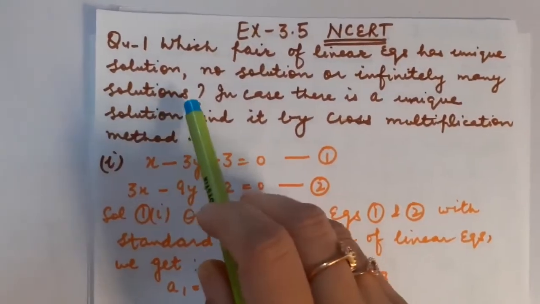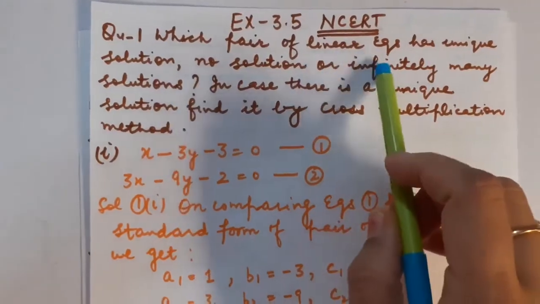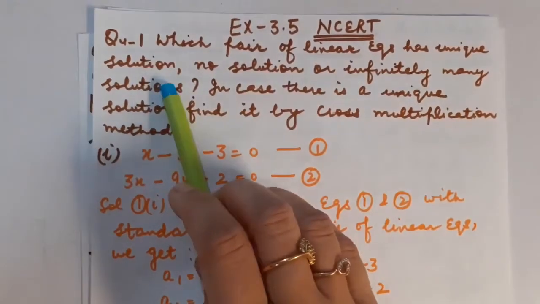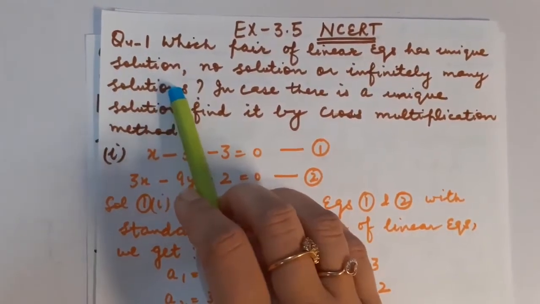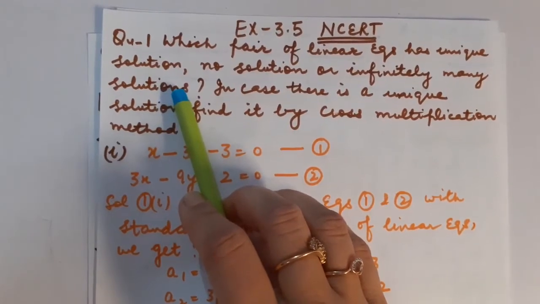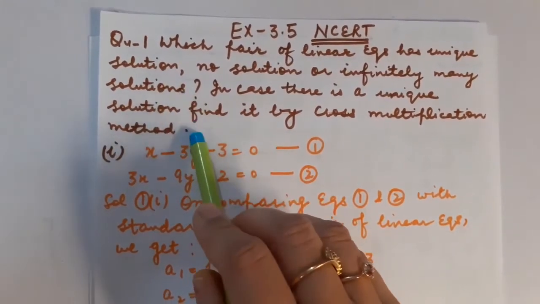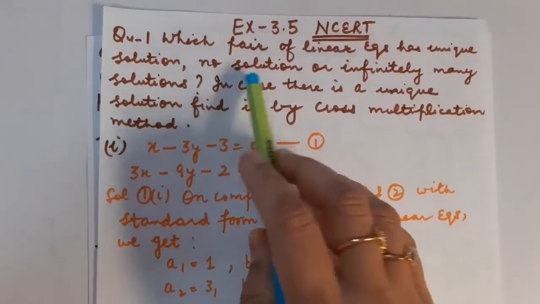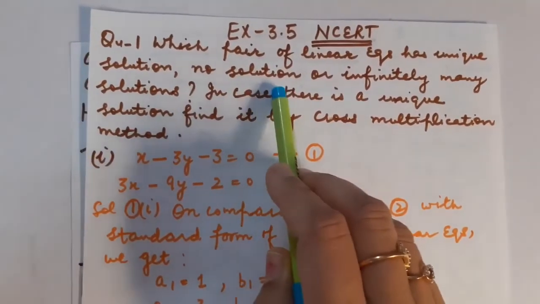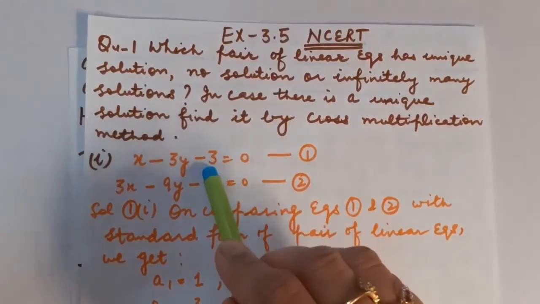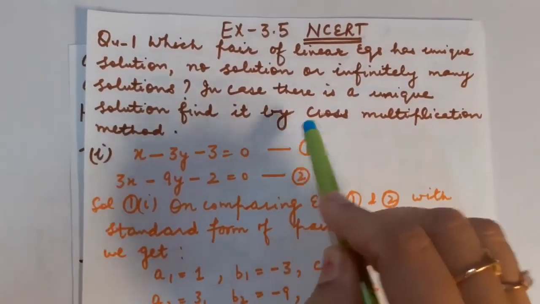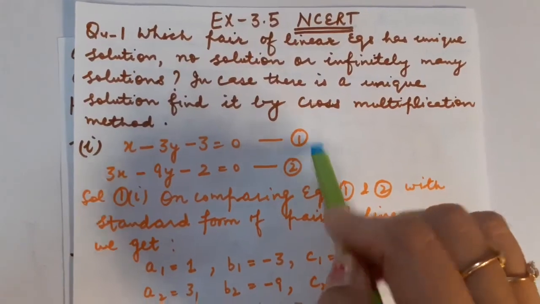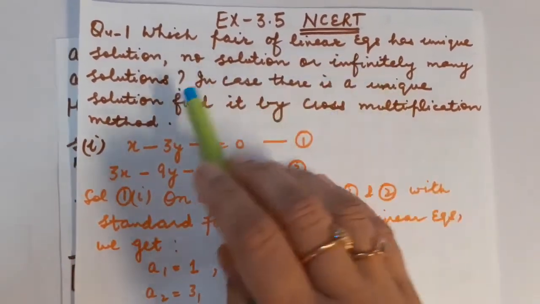The very first question: which pair of linear equations has a unique solution? Let us recall what is the condition for unique solution. This is a1 upon a2 will not be equal to b1 upon b2. For no solutions, what is the condition, children? a1 upon a2 is equal to b1 upon b2 but not equal to c1 upon c2. Or infinitely many solutions.